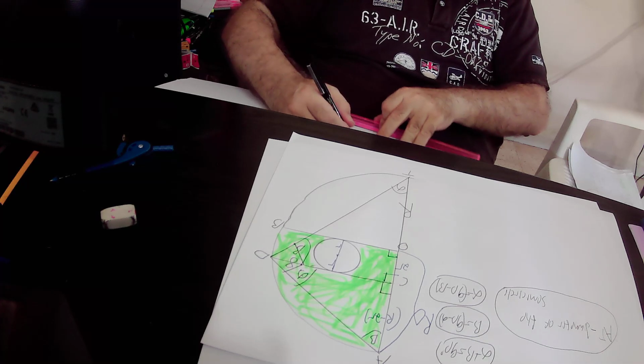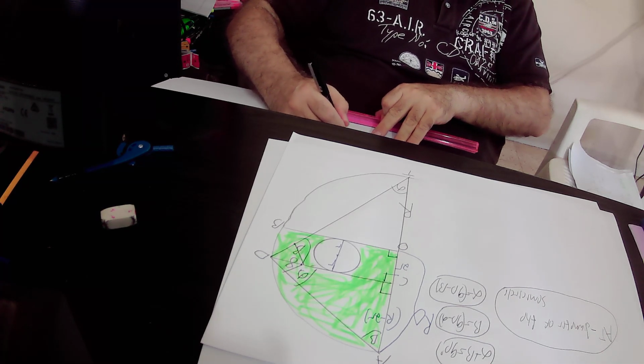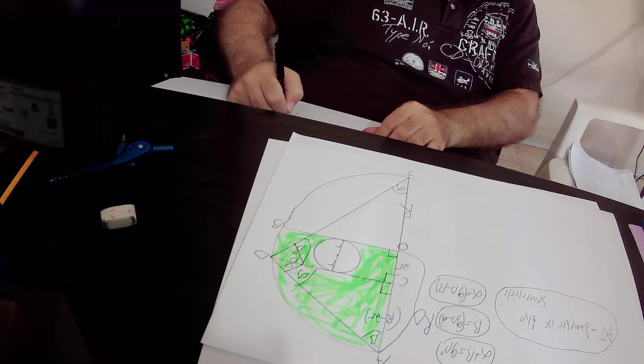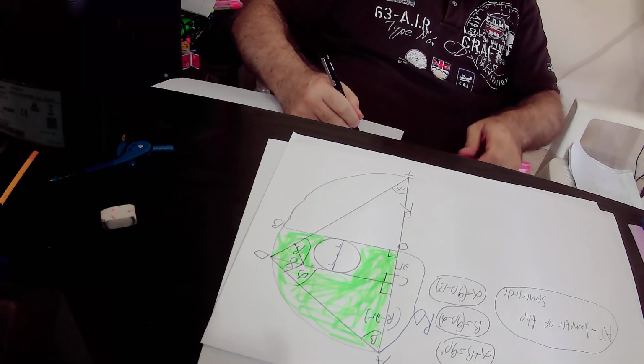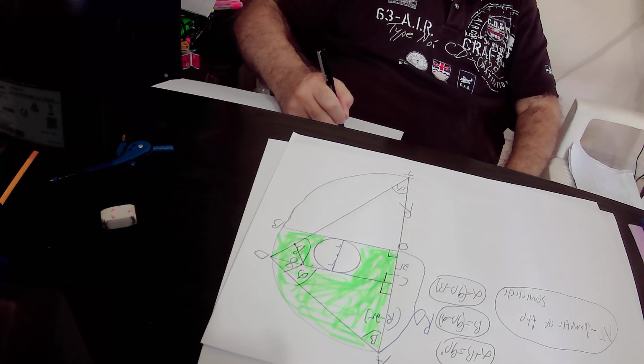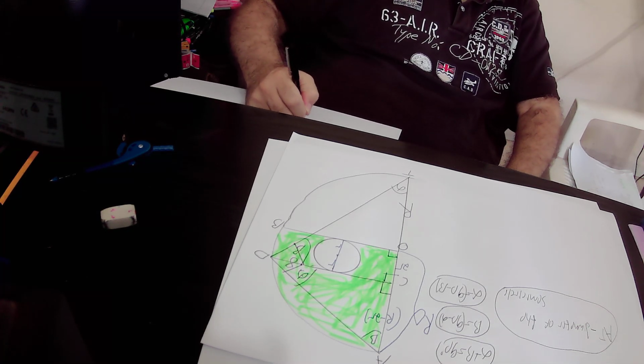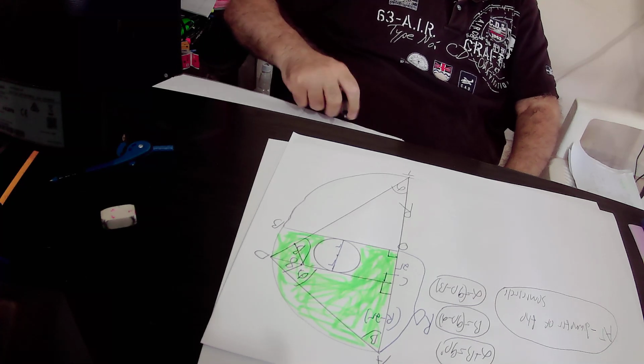I write it down: triangle ADC is similar to triangle CDT according to the angle similarity rule.